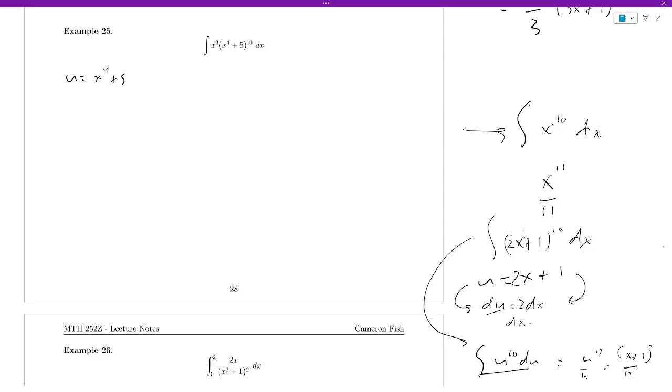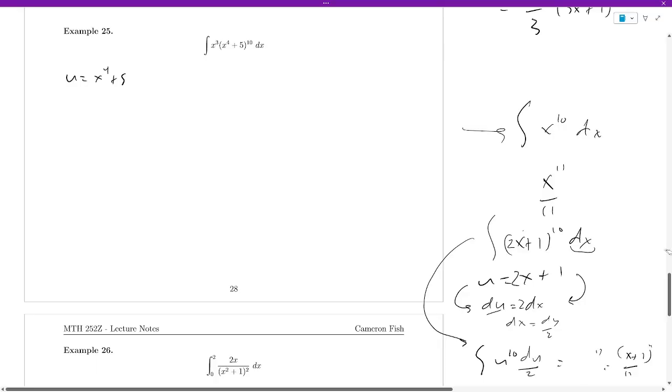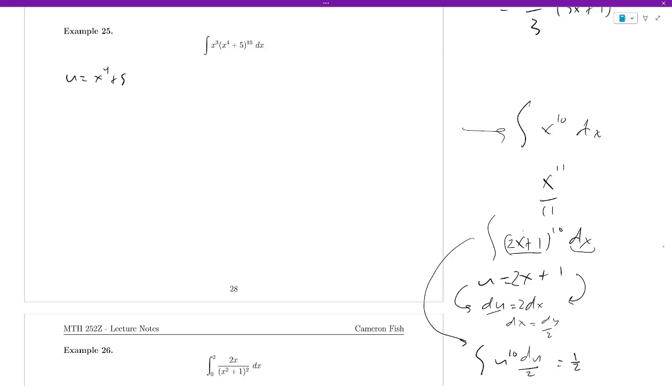So again, I can solve for dx. dx is du over 2. So I can replace this dx with du over 2. And that actually changes the integral just a little bit, right? Because there was this 2x on the inside, I ended up having to divide by this 2 here. I'm going to get 1/2, and then I'm going to have u to the 11 over 11. So pretty similar to what we had before, but you have to be a little bit careful.